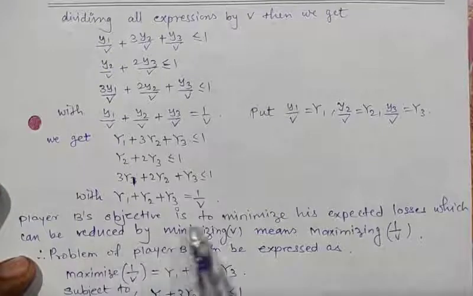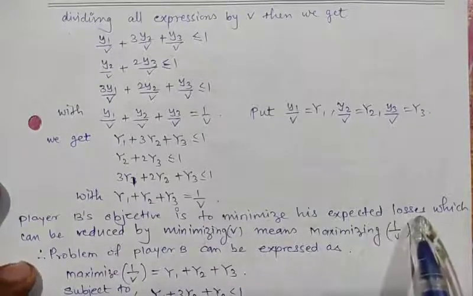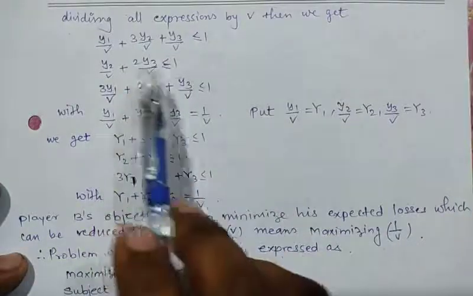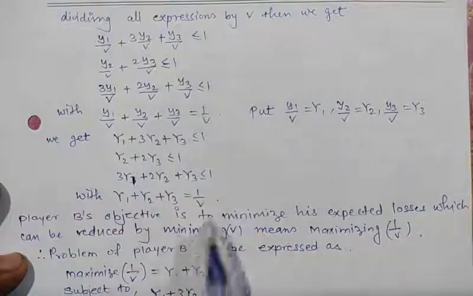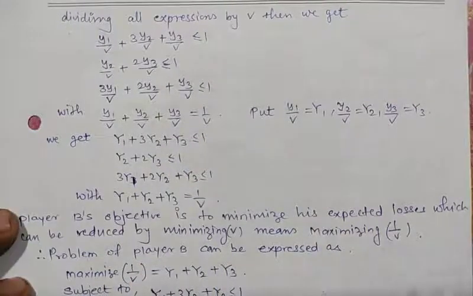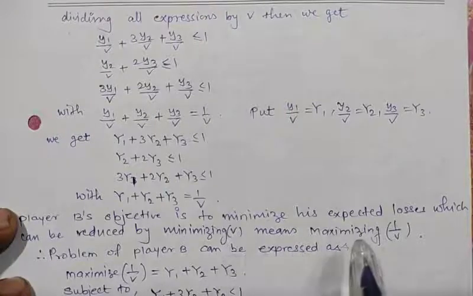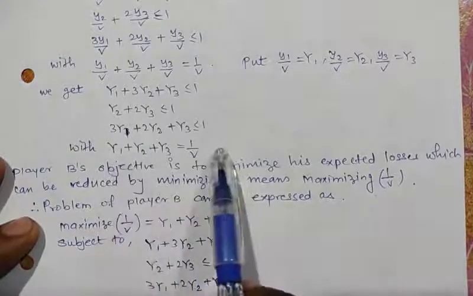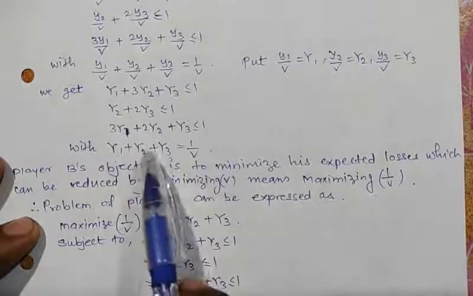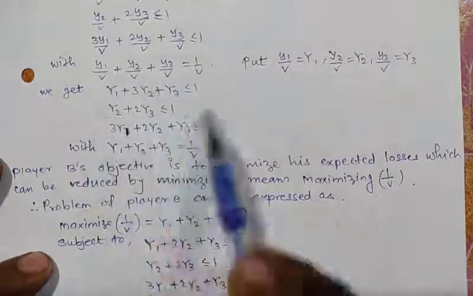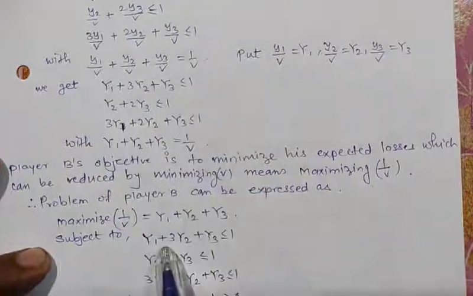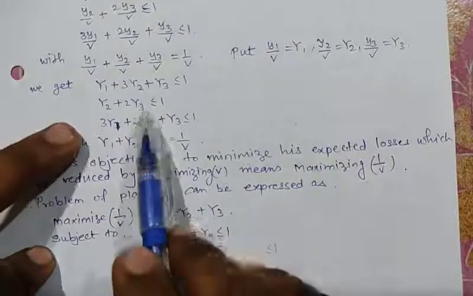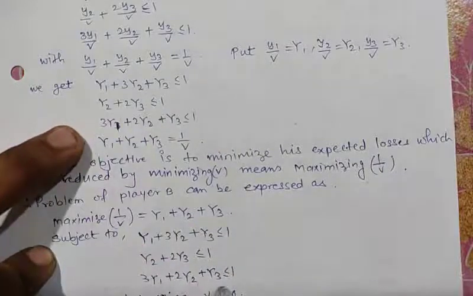Player B's objective is to minimize his expected loss, which can be done by minimizing V, meaning maximizing 1 upon V. For player B's strategy, minimize V is the same as maximize 1 upon V, and for player A's strategy, maximize V means minimize 1 upon V. So the objective function is maximize 1 upon V equal to Y1 plus Y2 plus Y3, subject to these three constraints: Y1 plus 3Y2 plus Y3 less than or equal to 1, Y2 plus twice Y3 less than or equal to 1, and thrice Y1 plus twice Y2 plus Y3 less than or equal to 1.